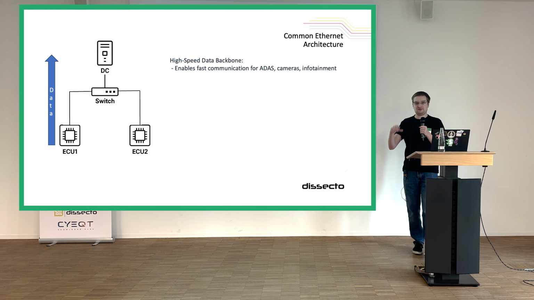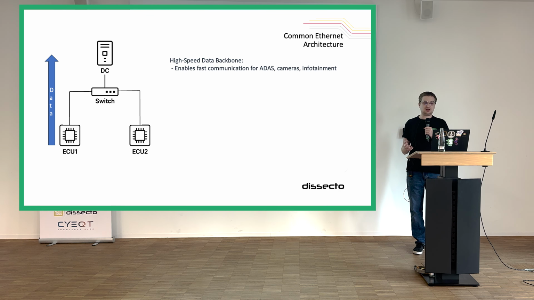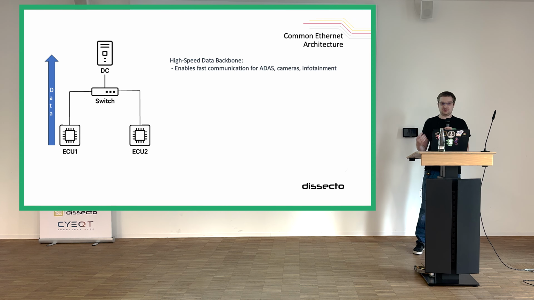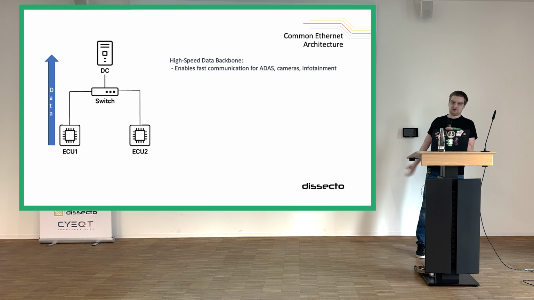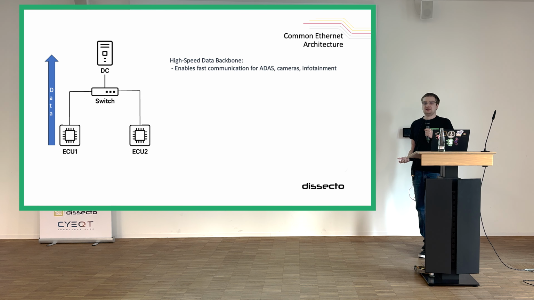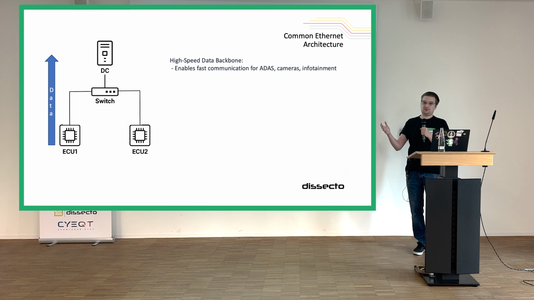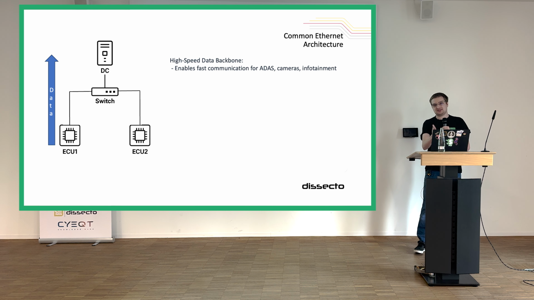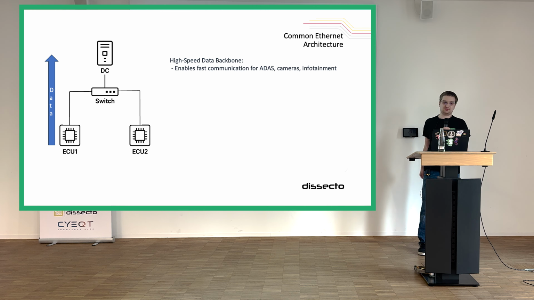So basically, we have very powerful ECUs in the car that get the data from other ECUs and then calculate something with it, like the ADAS system, the cameras, or the infotainment. And the general flow of data is from the data-collecting ECUs to the high-performance ECUs. So the camera data gets fed to the high-performance ECU since it needs to do something with it.